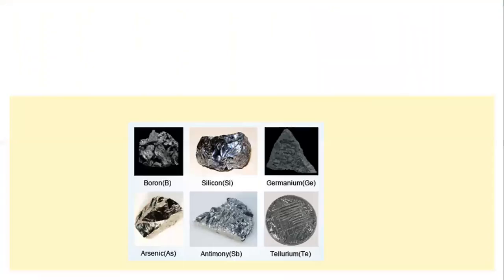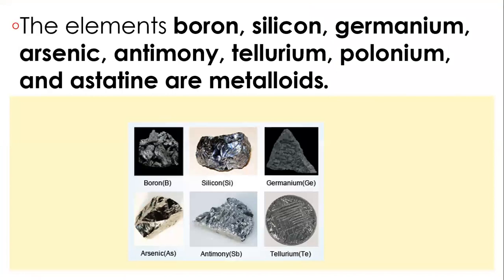So you cannot consider them as metals, and you cannot consider them as nonmetals, because they have some of both properties. Those elements are boron, silicon, germanium, arsenic, antimony, tellurium, polonium, and astatine. All of those are called metalloids.